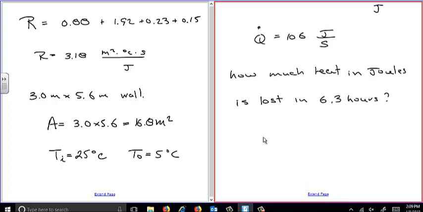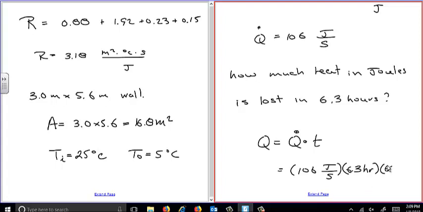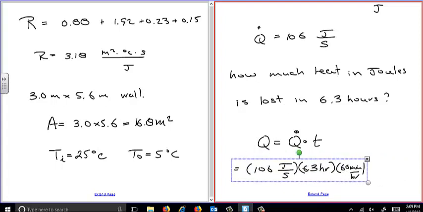To do that, you say the heat transfer is equal to the heat transfer rate times the time. So it's joules per second times seconds. I need to take 106 joules per second and multiply it by 6.3 hours. But then you've got to convert that to seconds: 60 minutes per hour, times 60 seconds per minute.